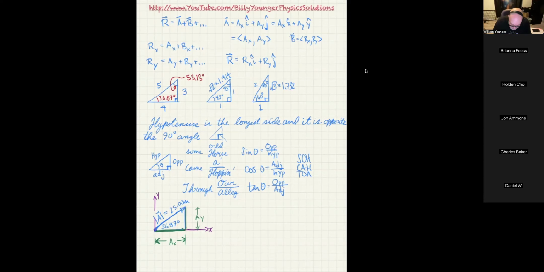Did everybody see that? So now I can go ahead and use my green again. This is the vector a sub x, and this is the vector a sub y. Okay?